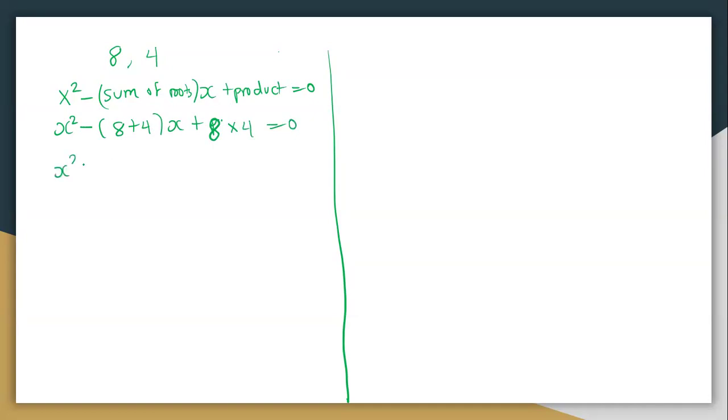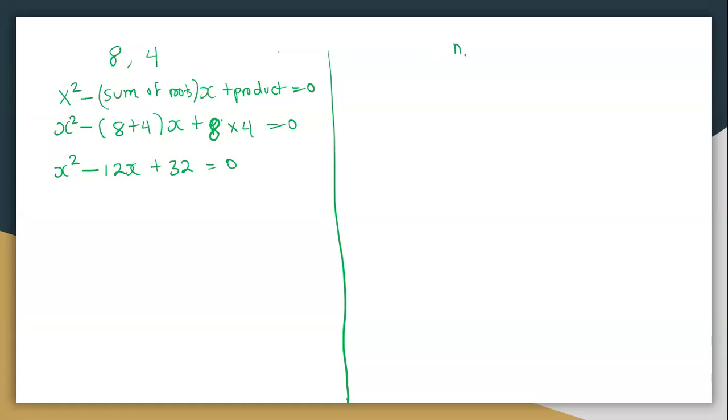When you have 8 plus 4, that is 12, so we have 12x, plus when you multiply 8 times 4, you end up with 32 is equal to 0. And that is our quadratic equation.